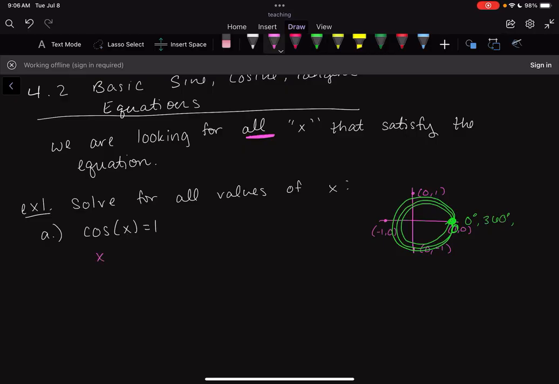We would say x is equal to 0 plus 360 degrees k. So you could actually condense this a little bit and just say x equals 360 degrees k.